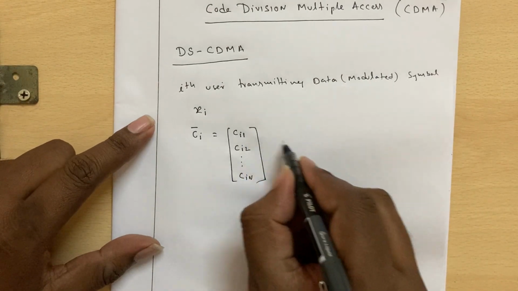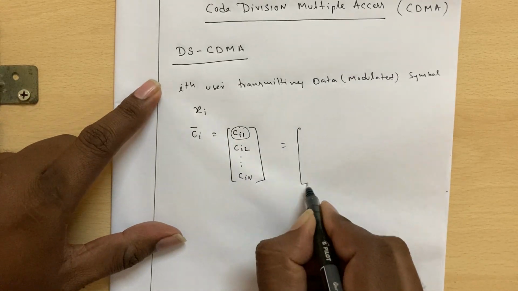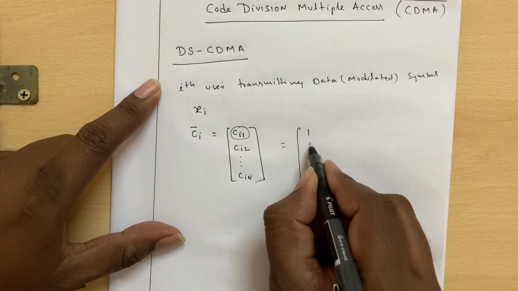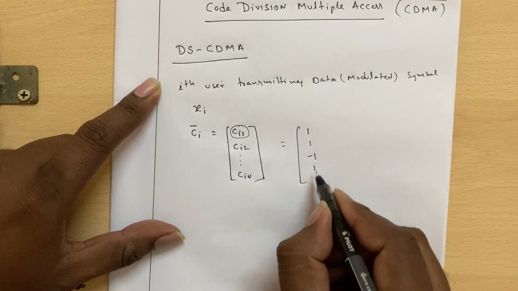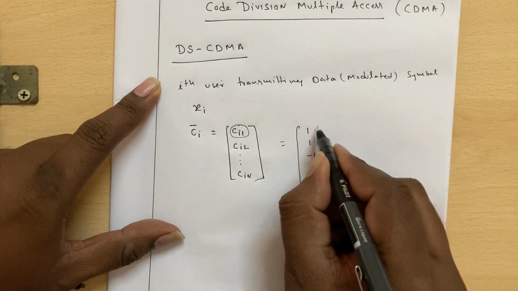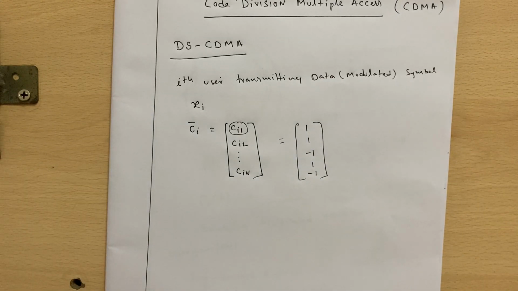So the ith user is assigned this kind of code word, where the individual chips are nothing but ones and minus ones, and the arrangement of ones and minus ones depends on the code word.